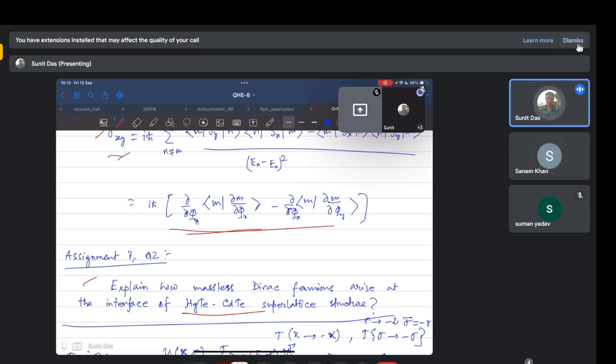So there is degeneracy: a lot of wave functions can have the same energy, because energy just depends on n, the Landau level index, and the magnetic field. Everything else is constant. That's the way to understand degeneracy in the Landau gauge. Now if you come to the symmetric gauge, there is an angular momentum operator associated, and similarly the energy is independent of the angular momentum, but the wave function depends on the angular momentum values, let's say m. So it's a similar way of understanding how degeneracy comes.